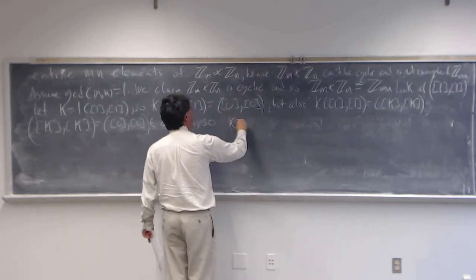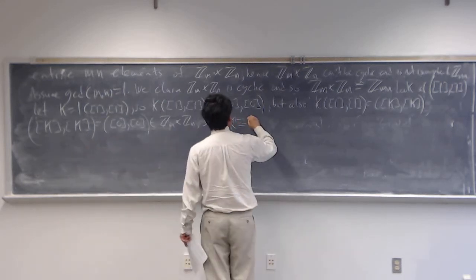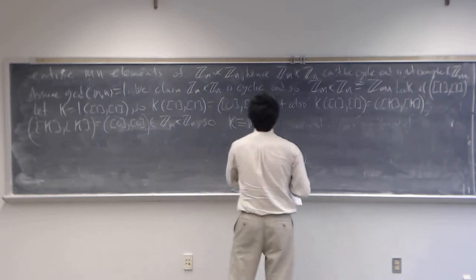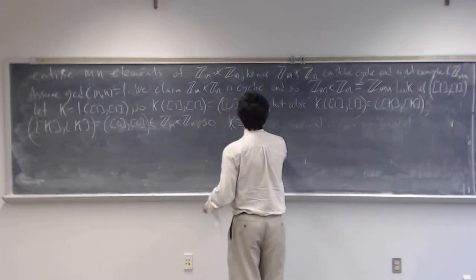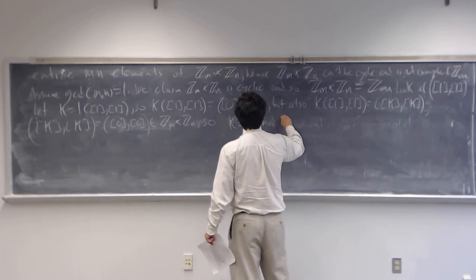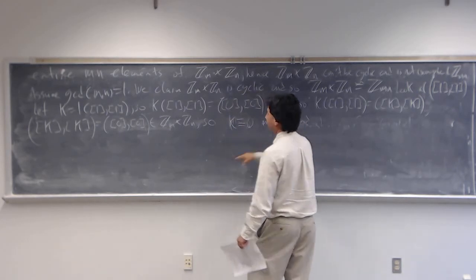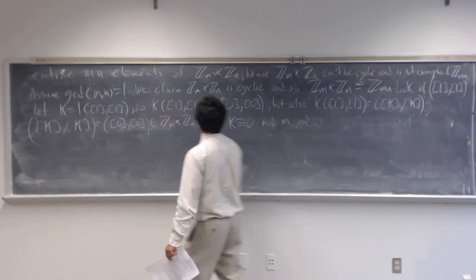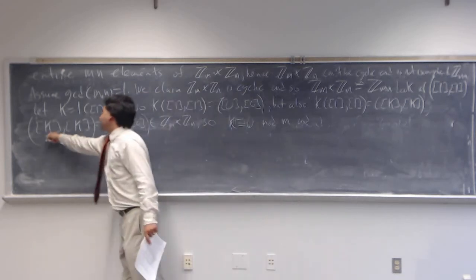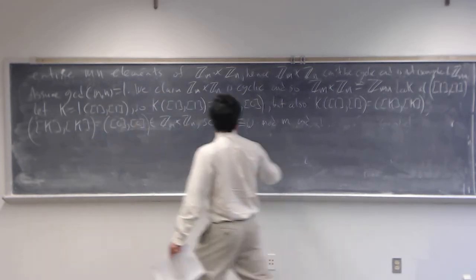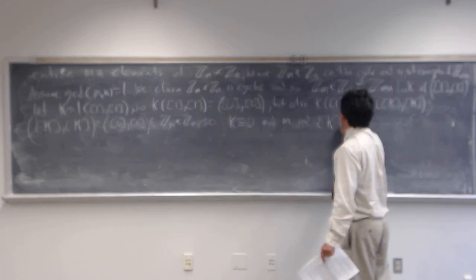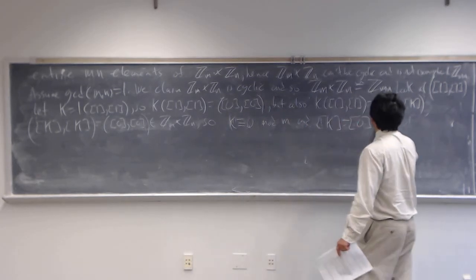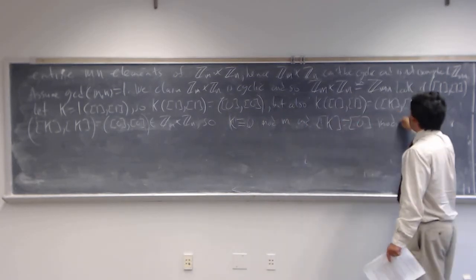That tells us that k has to be congruent to 0 mod m. And also, setting this one equal to 0, this must be 0 mod n.